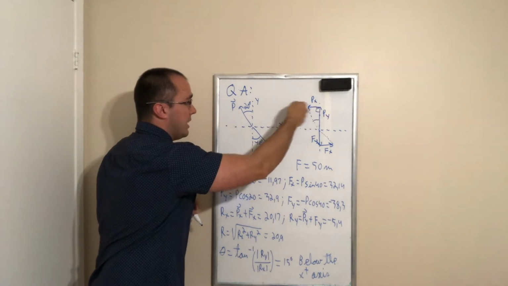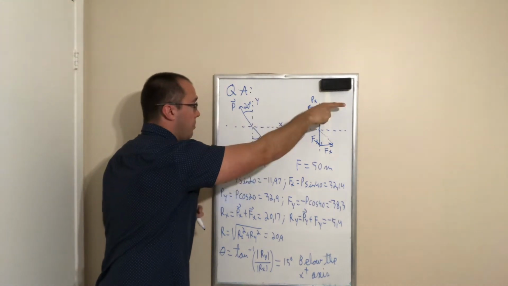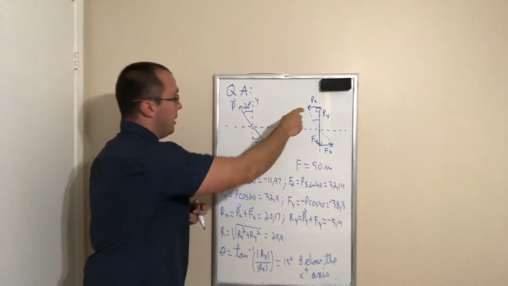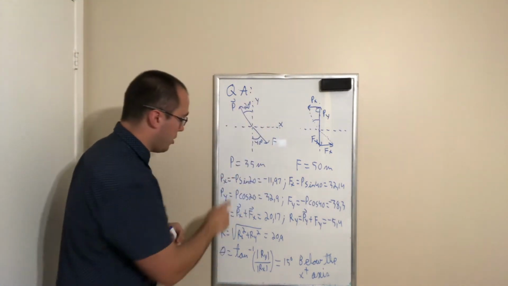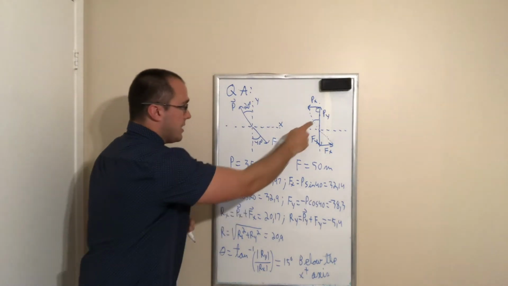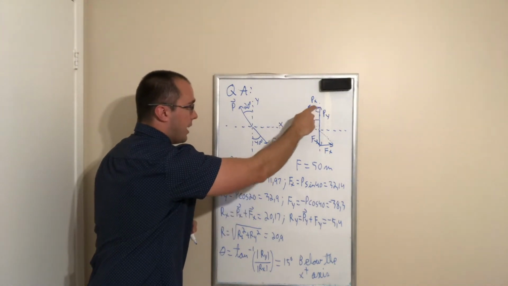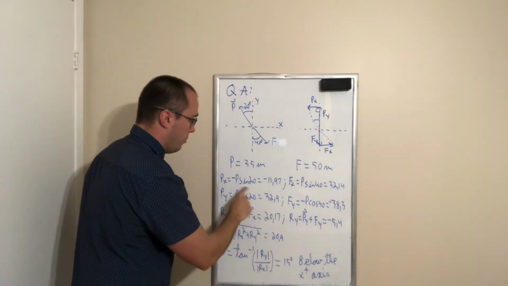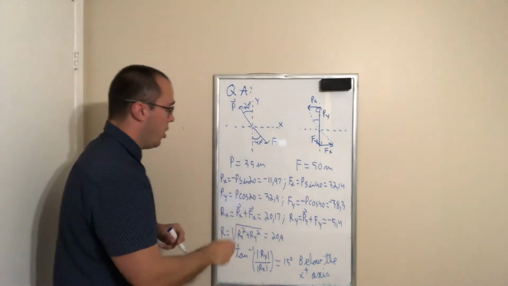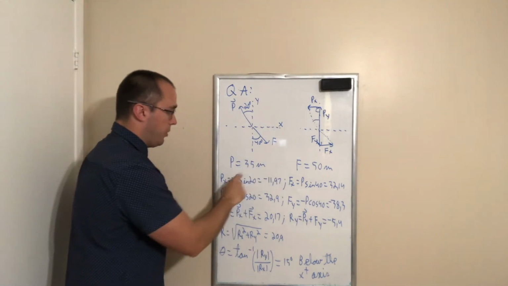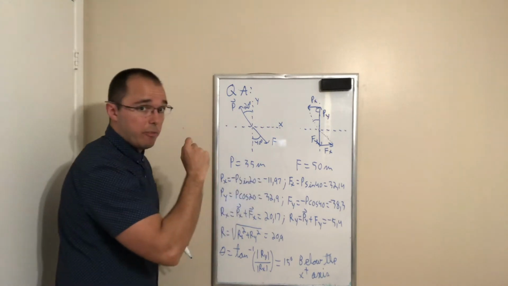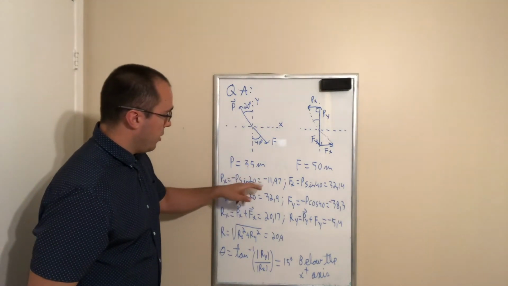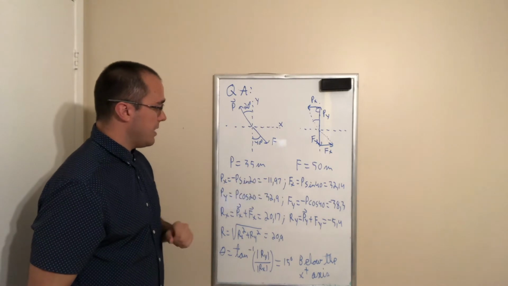In this case, it's pointing in the negative direction. If it were pointing in the positive, it would be positive, but now it's pointing in the negative direction. So we add a minus here. Since it's the side opposite to the angle, we use sine 20. We compute this value. Now note P over here is the magnitude, 35 meter. And we get a value for Px of minus 11.97.